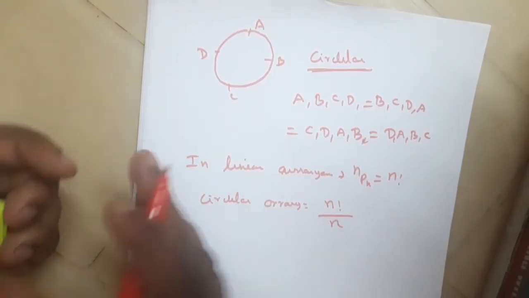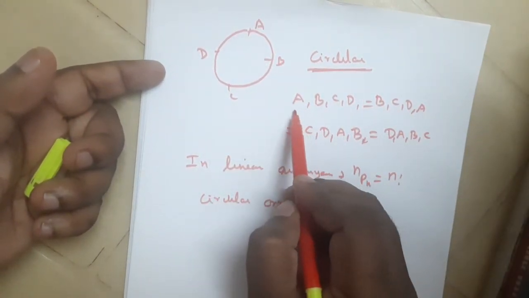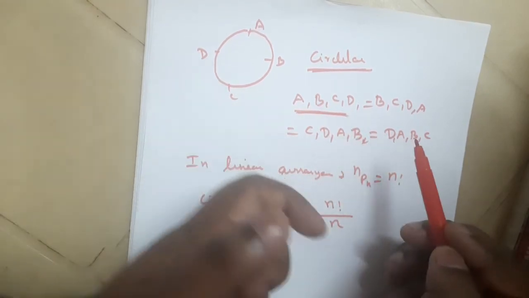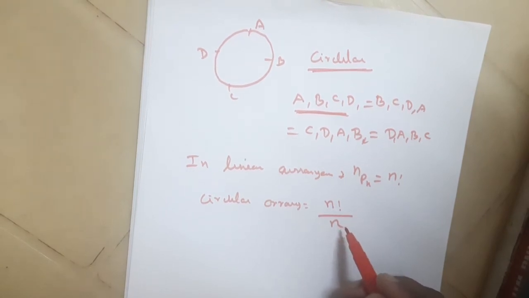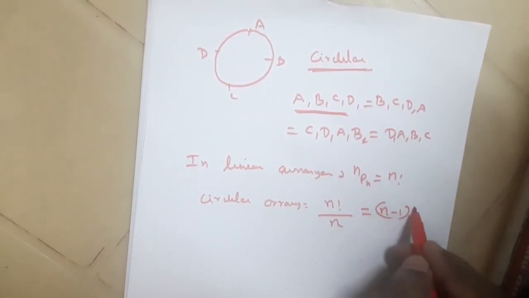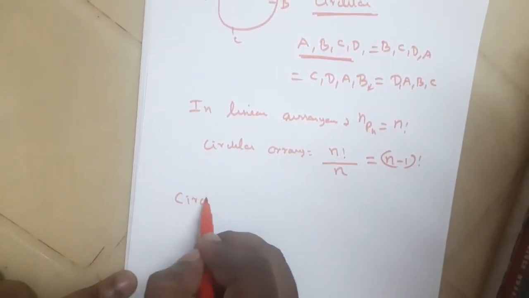For four objects, each arrangement has four equal arrangements. So we divide by n. So the value is n minus 1 factorial. So this is the formula for circular arrangement.